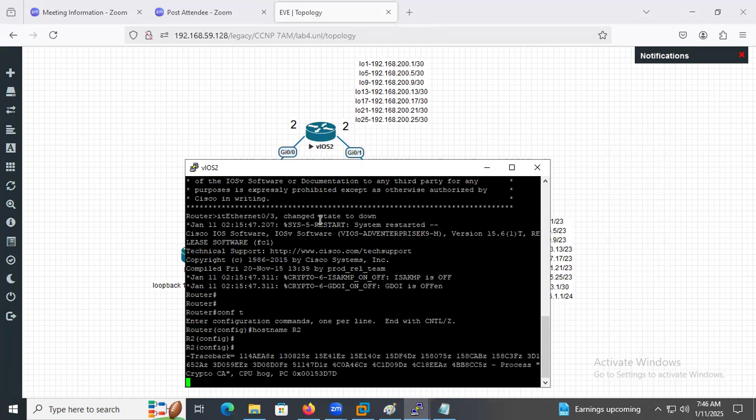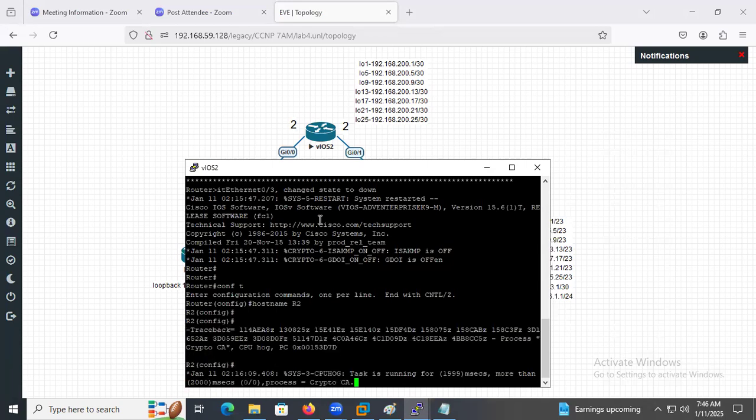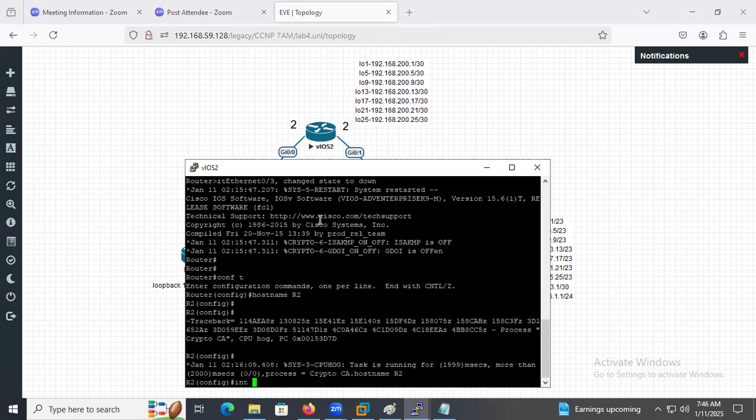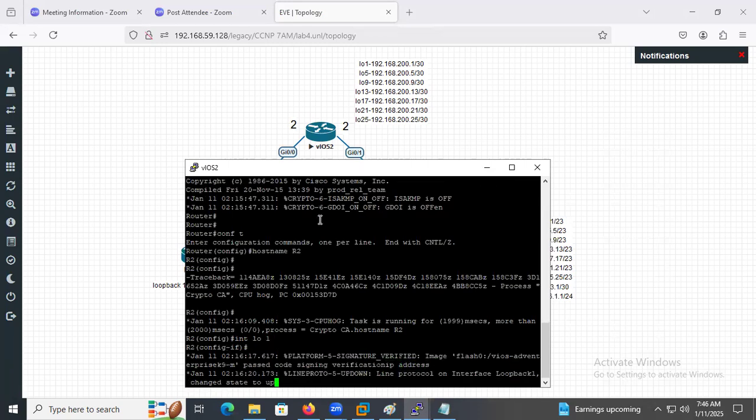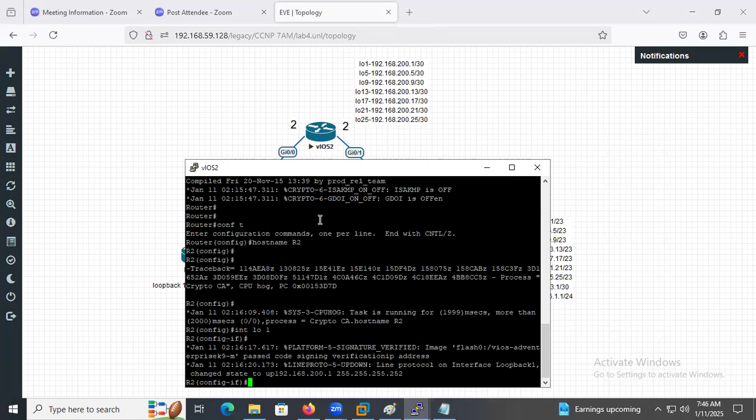This is router 2. Host name is R2. Interface loopback 1, IP address, 252.